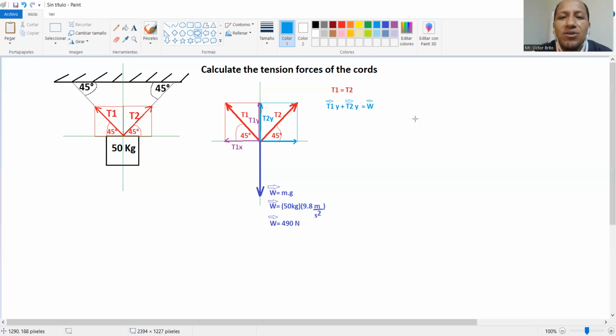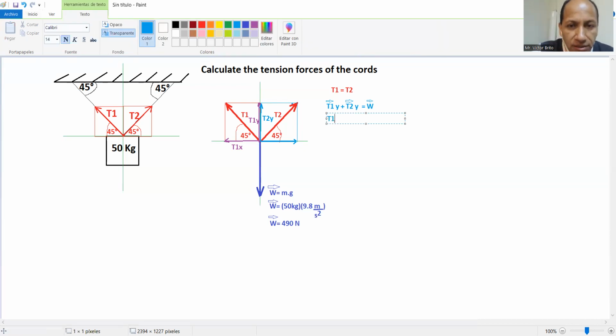That being said, I also know that the tension 1 equals the tension 2, and because of the 45 degrees, if we do this calculation, it's going to be something really interesting. If the tension 1 equals the tension 2, because of the degrees, then I can conclude that the tension 1 in Y equals the tension 2 in Y.